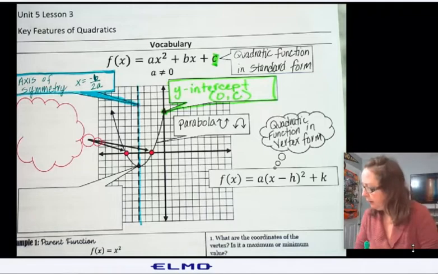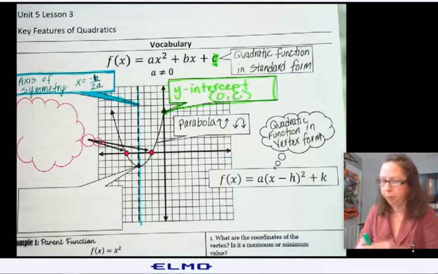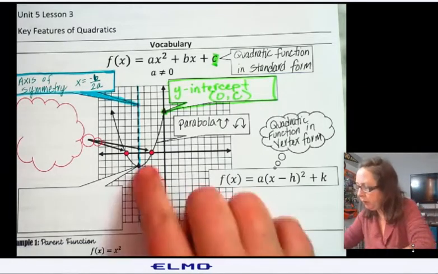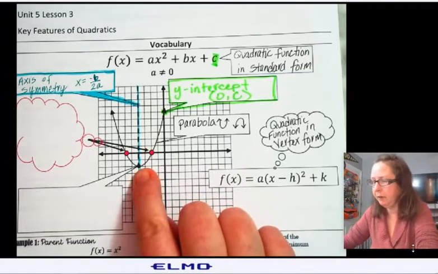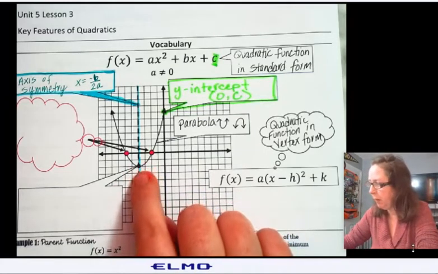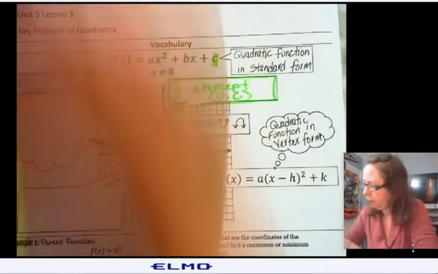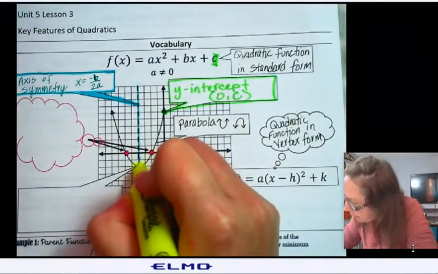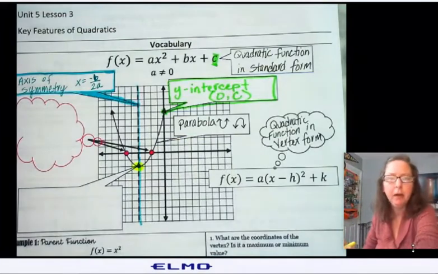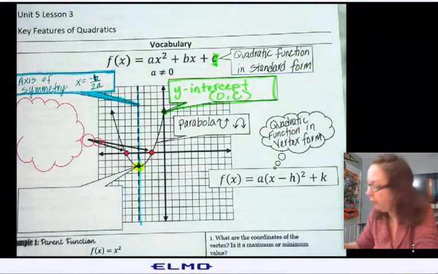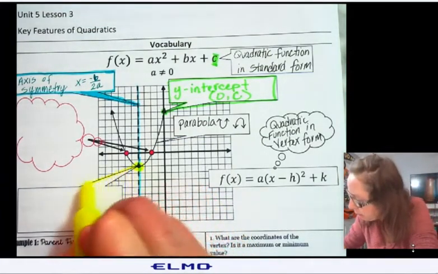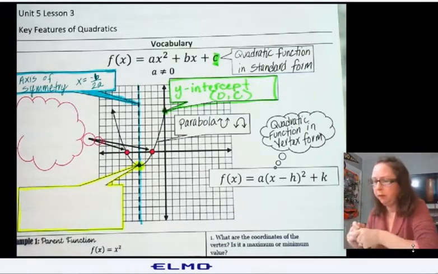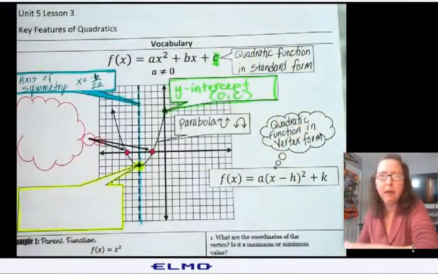We've got two more. This spot at the very bottom of the parabola is called the vertex.